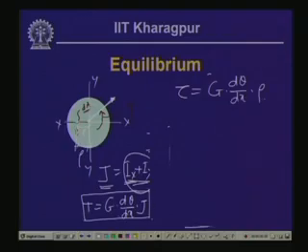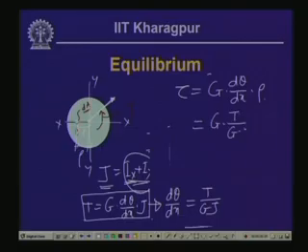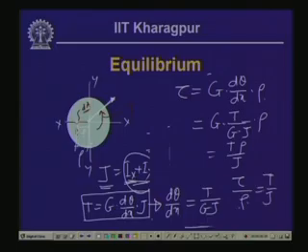From the earlier expression, d theta dx is equal to T by G J. Substituting, this gives us G times T by G J times rho, which gives T rho by J, or tau by rho is equal to T by J. This is the expression of shear stress related to the twisting moment T.